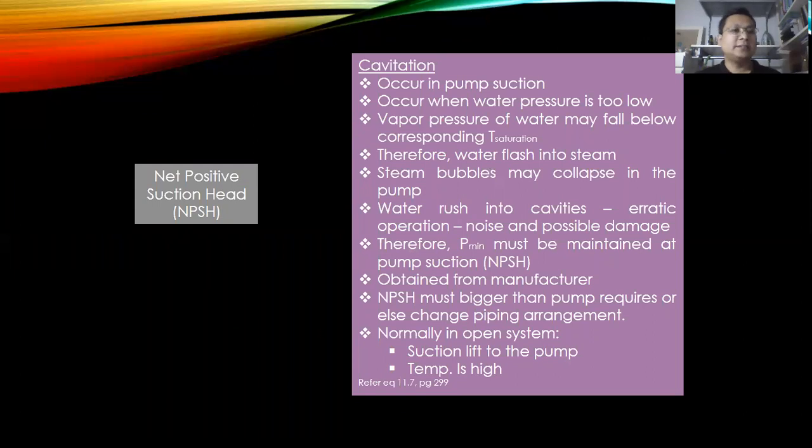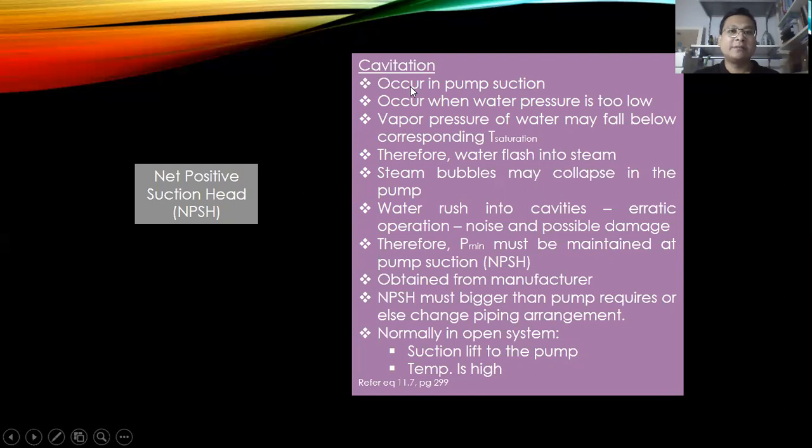Okay, in the calculation of net positive suction head, or NPSH, why do we need to calculate the NPSH? Because we want to avoid distortion in the piping system because of cavitation in the pump suction section.